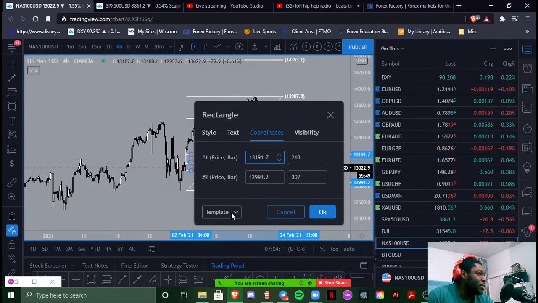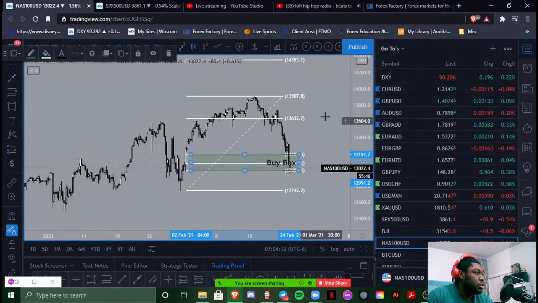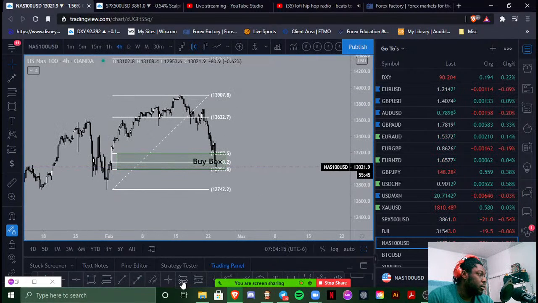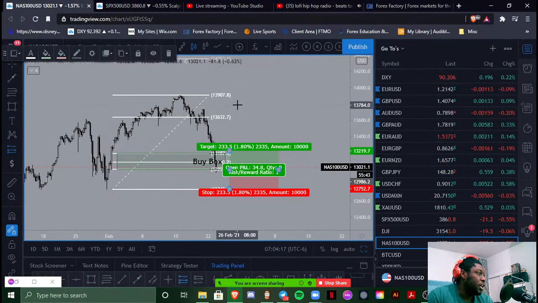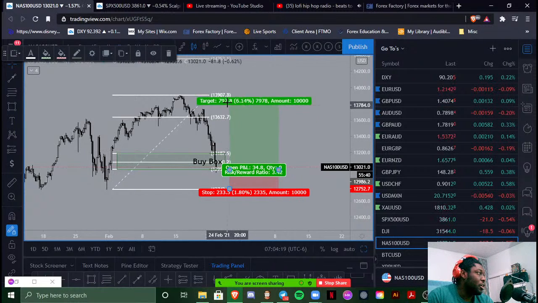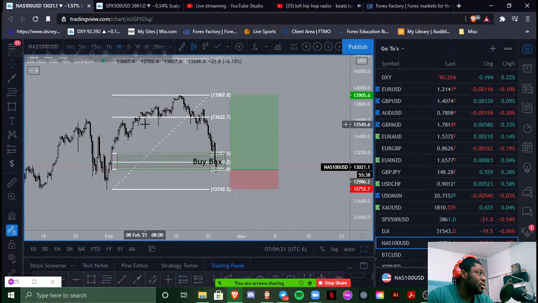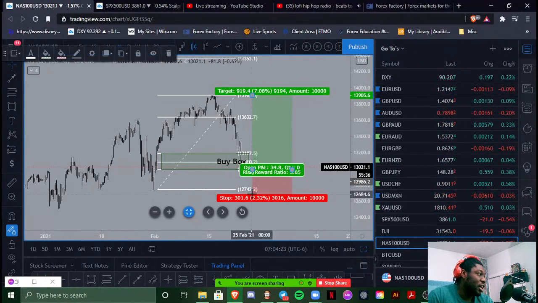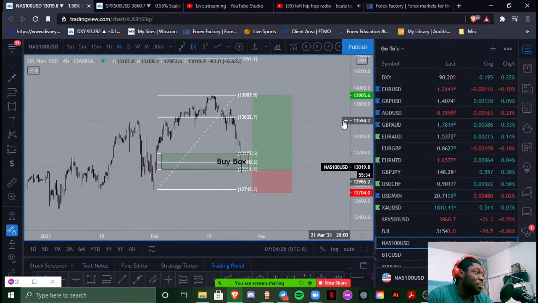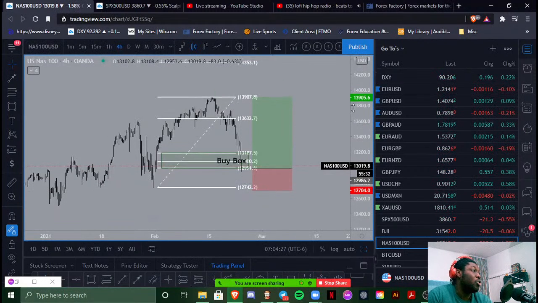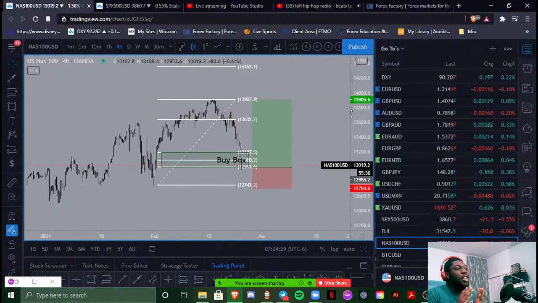So if you are going to buy this, which I am most likely going to, be careful. If I was going to buy, it'd probably be right here. This is the only opportunity I really see that is worthwhile to me at this point for the US indices: a Nasdaq buy.